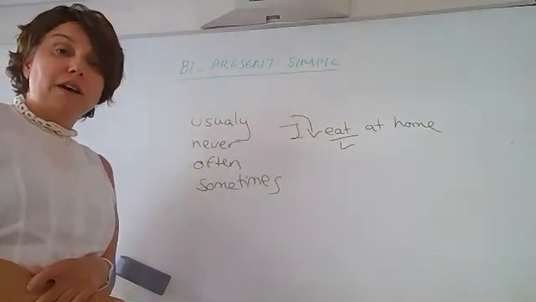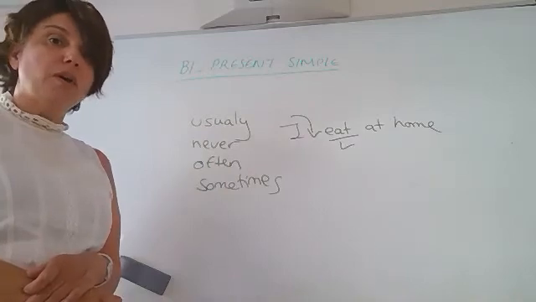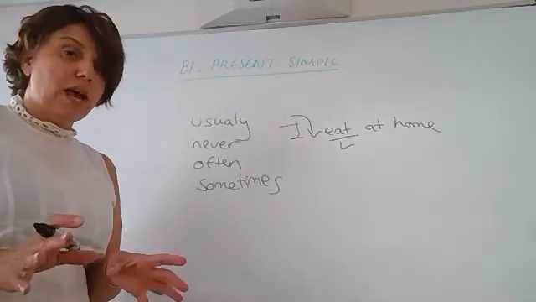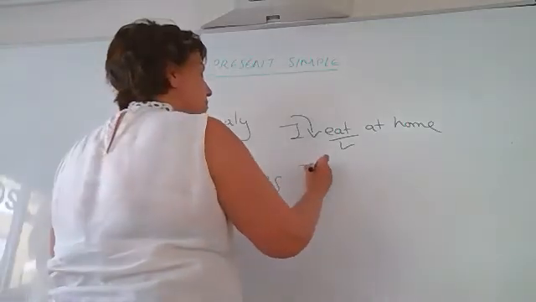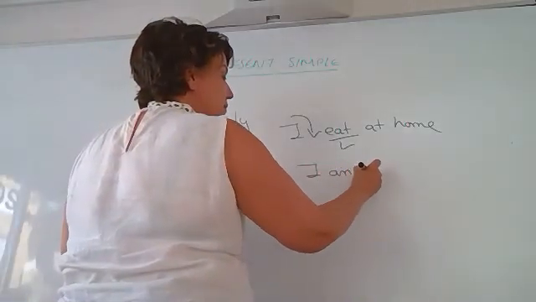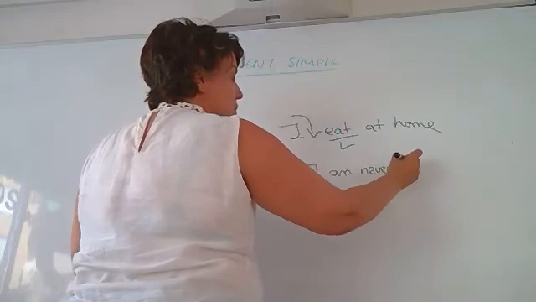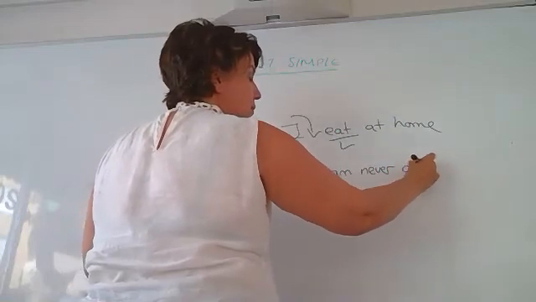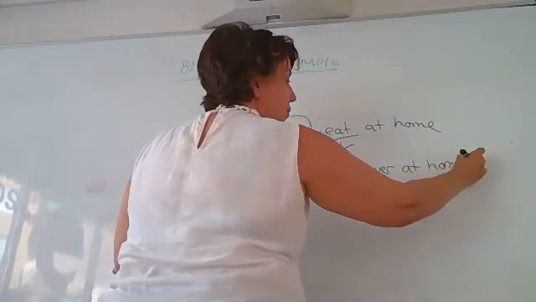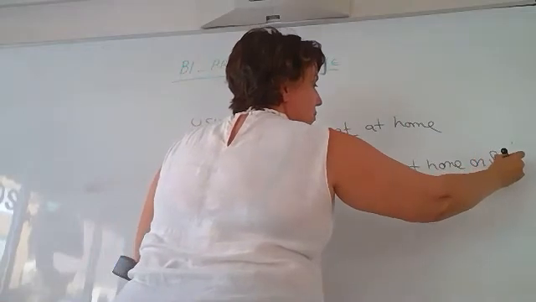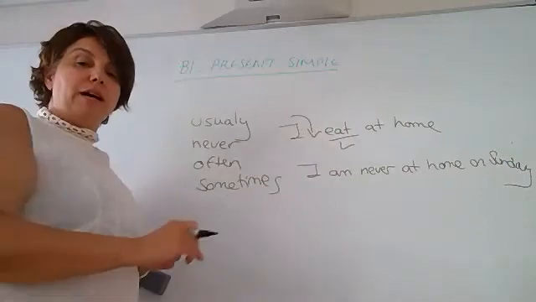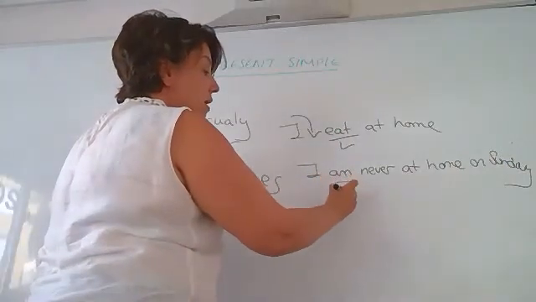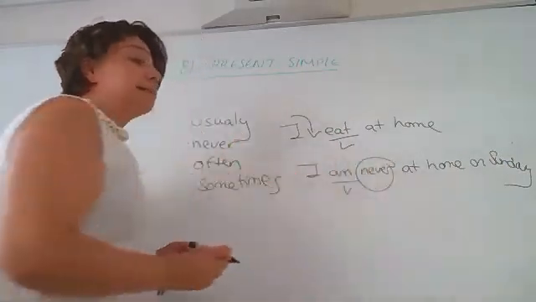I never eat at home. Si es un verbo auxiliar, que es el verbo to be, va detrás. I am never at home on Sunday. ¿Ves que aquí está el verbo y aquí va detrás?